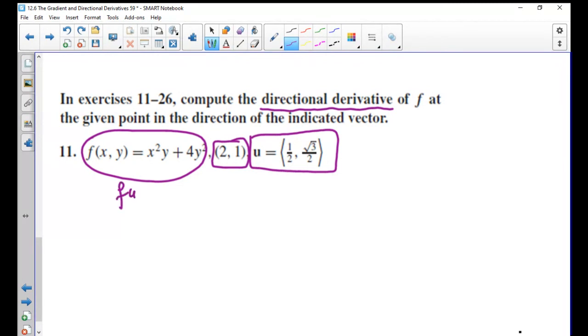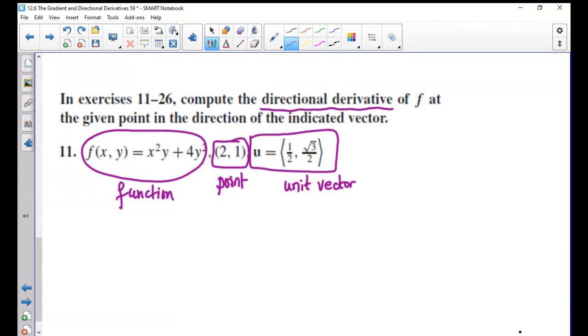So this is the function, this is the point, and this is the vector. You can check that this is actually a unit vector by finding its magnitude, and you will see that the magnitude is 1.